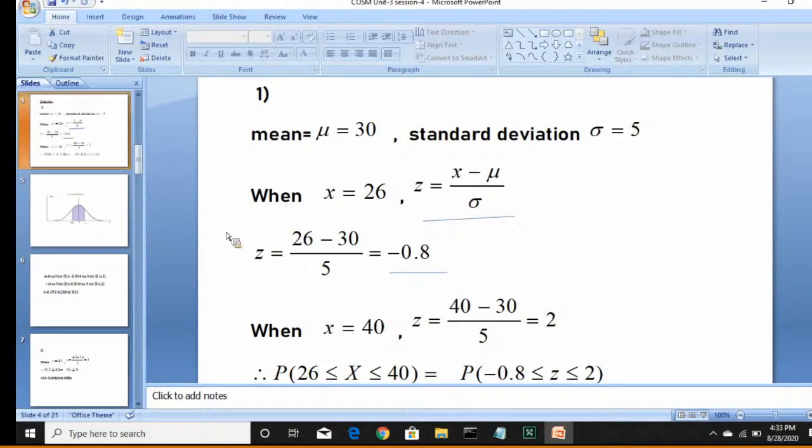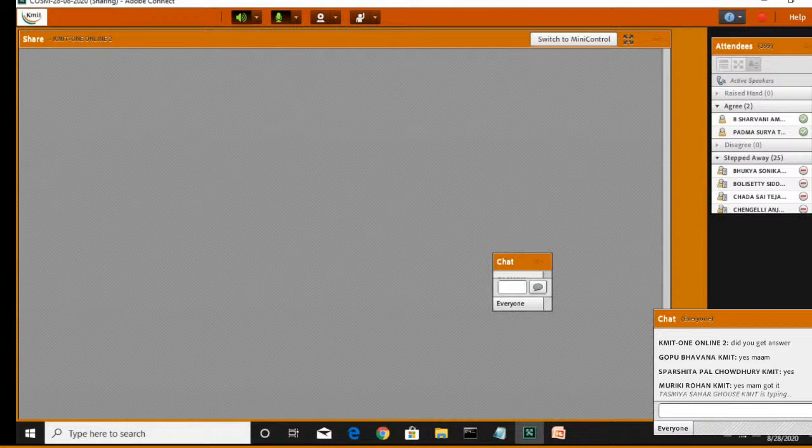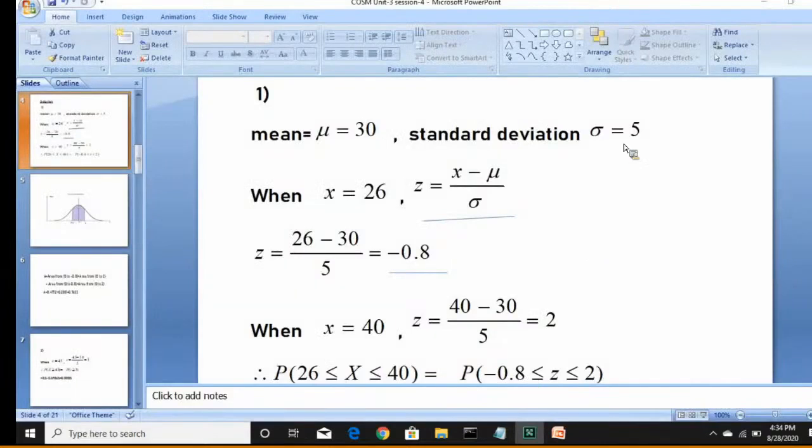Tasmai, this problem whether you could understand or not. Did you understand, Tasmai? The problem, did you get it?